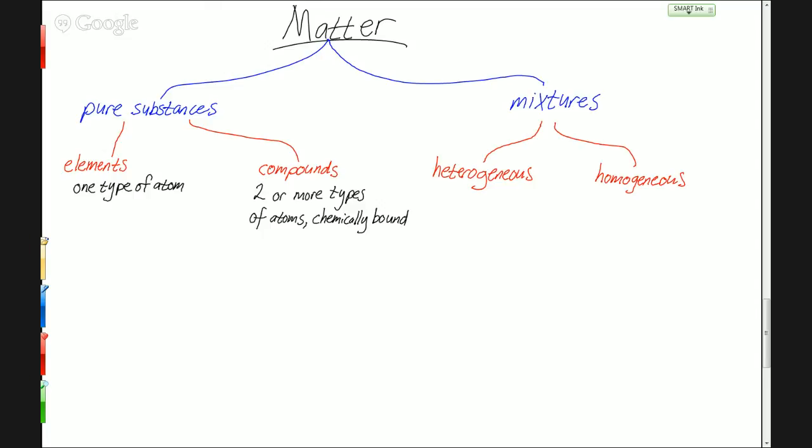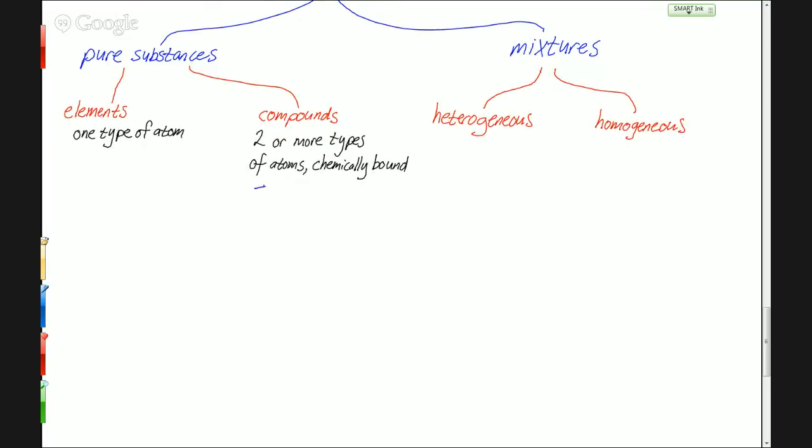So the corollary to this then is that compounds can only be separated by chemical means or chemical reactions. So that means that when you separate the atoms in a compound, you totally change what this thing is.